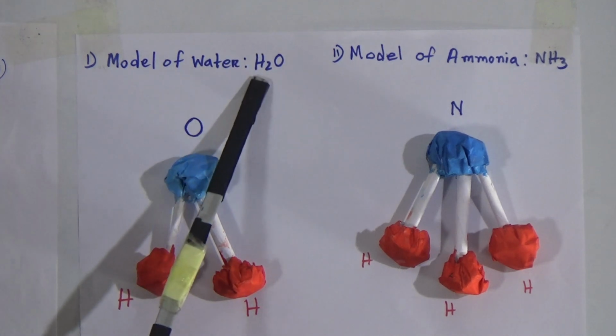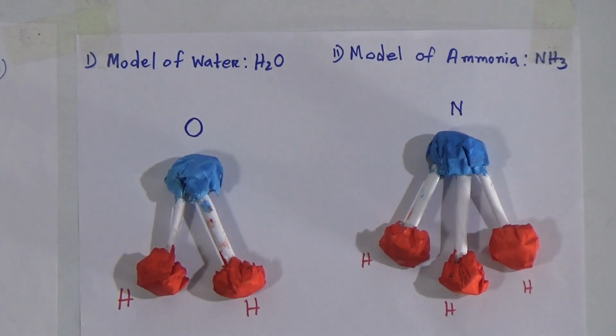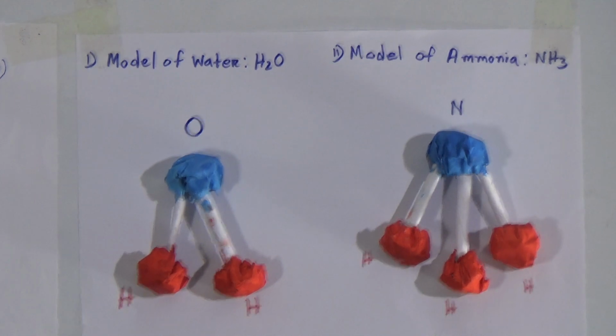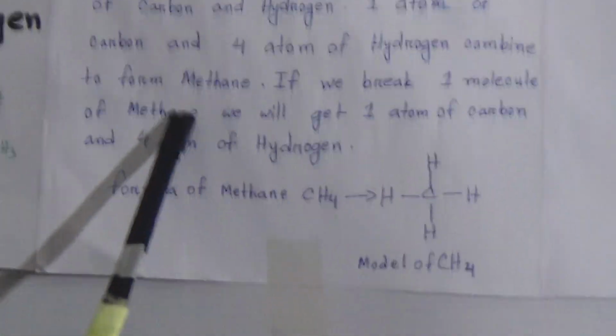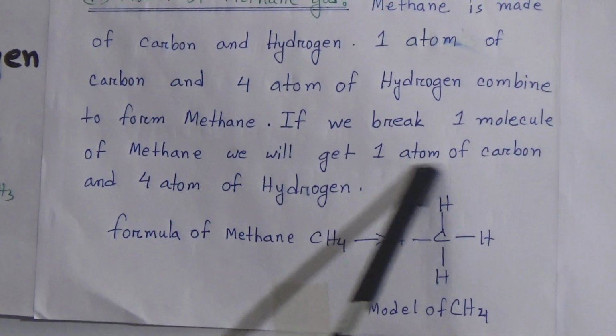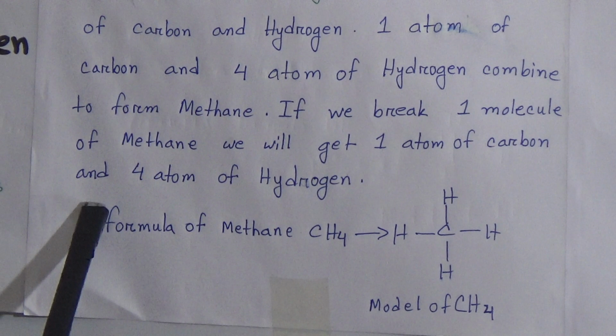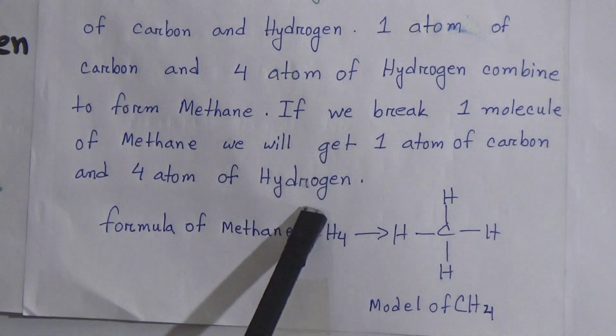The formula is H2O. Now number 3, model of methane gas. Methane is made of carbon and hydrogen. One atom of carbon and 4 atoms of hydrogen combine to form methane. If we break one molecule of methane, we will get one atom of carbon and 4 atoms of hydrogen.